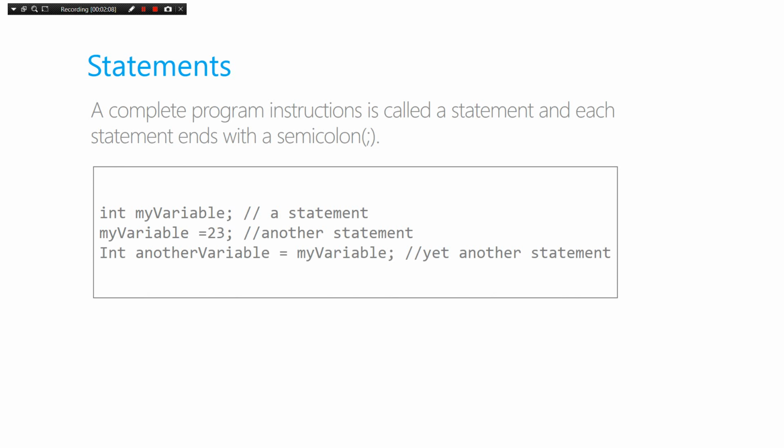In C#, a complete program instruction is called a statement, and each statement ends with a semicolon. Forgetting a semicolon is a very common mistake for novice programmers, but don't worry, Visual Studio will catch you if you do it. The compiler starts at the beginning of the source code file and reads downward, executing each statement in the order in which the compiler encounters it.